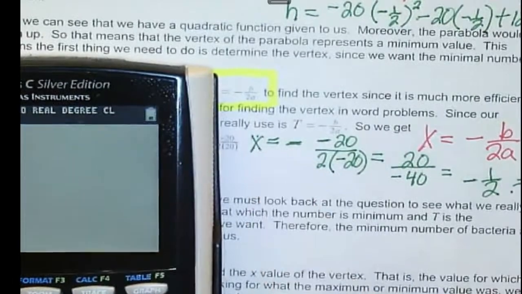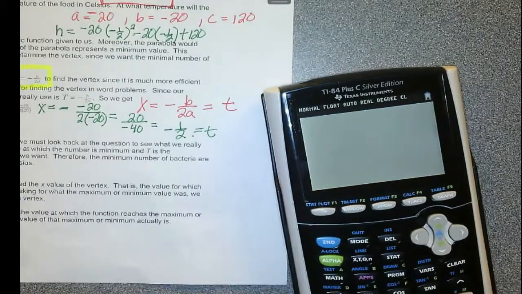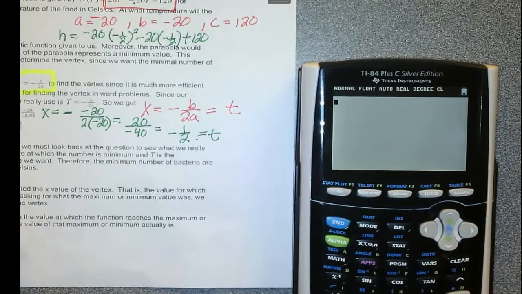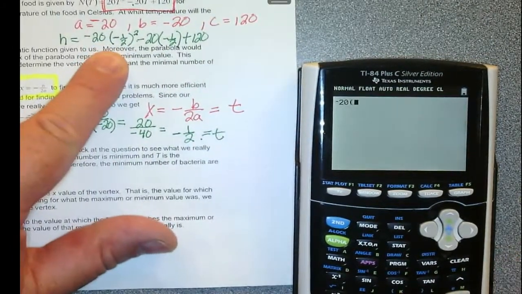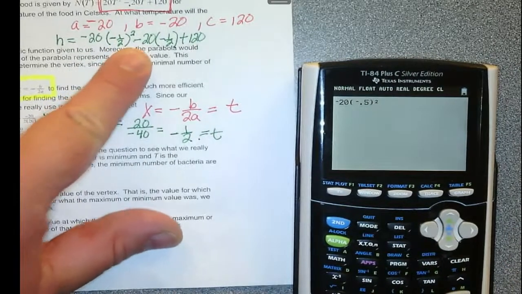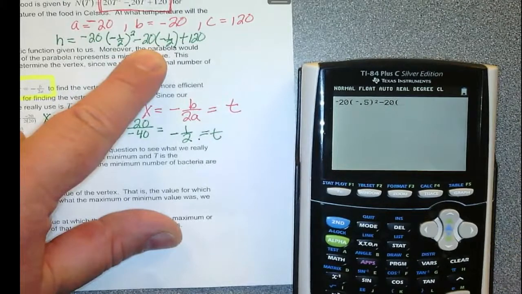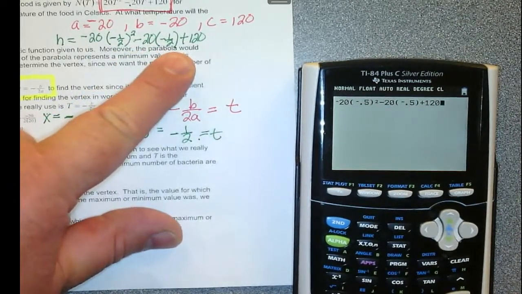Okay, so I'm going to put negative 20 times negative 0.5 squared minus 20 times negative 0.5 plus 120.